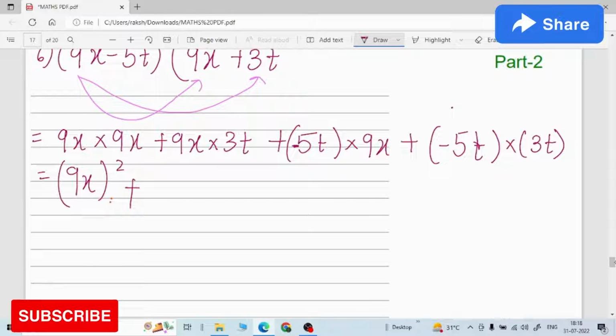Here 9 is common, so we'll write minus 5t plus 3t, whole bracket close.